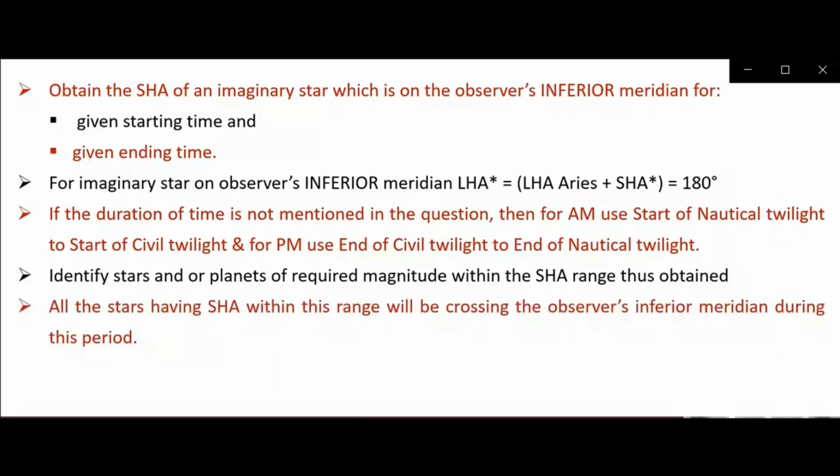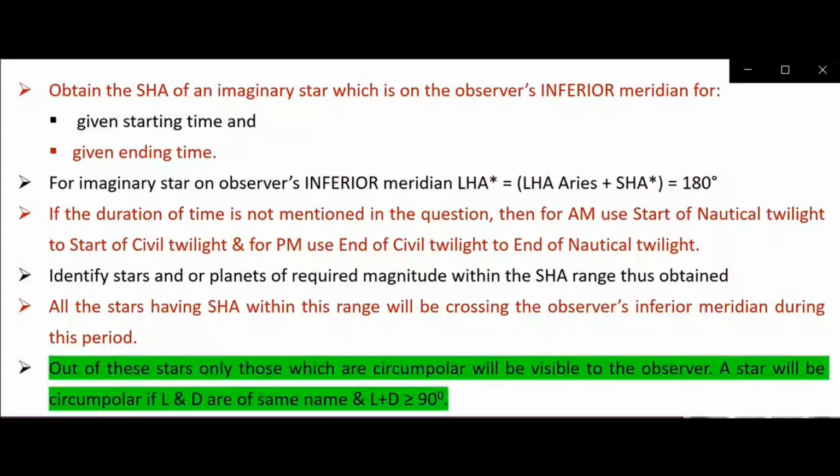All stars having SHA within this range will be crossing the observer's inferior meridian during this period. It does not mean that they need to be visible or suitable for sight. But yes, they would be crossing the observer's inferior meridian.